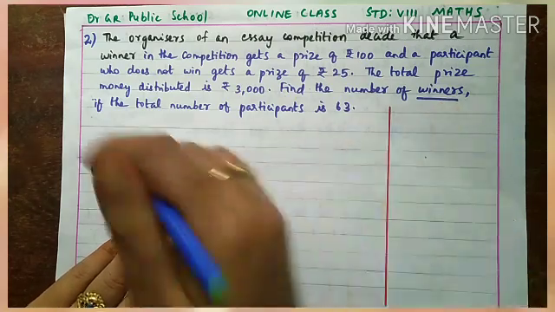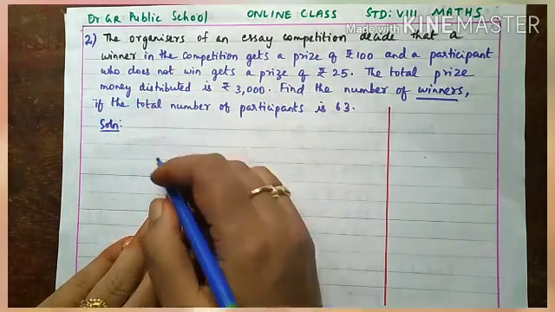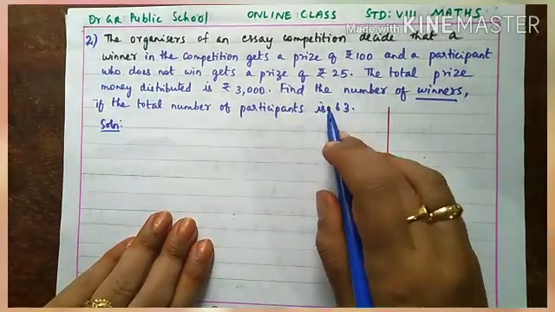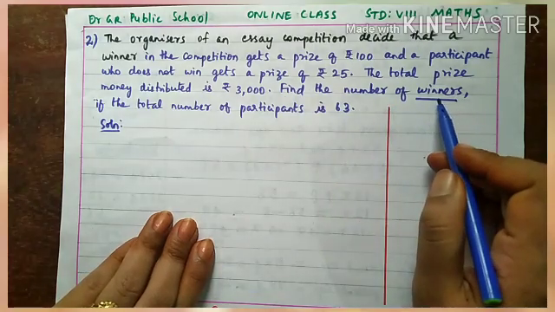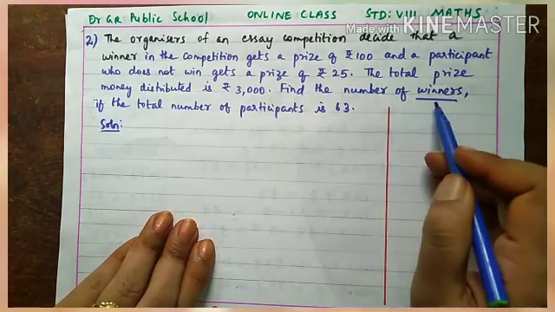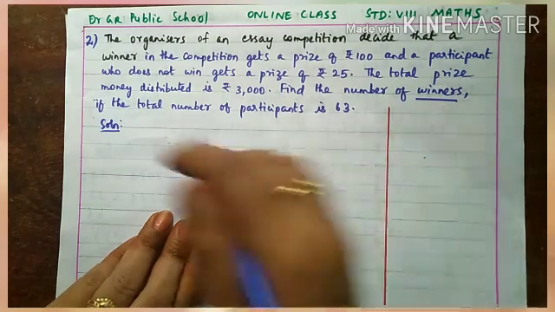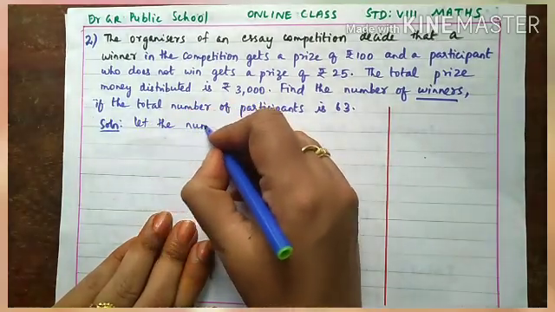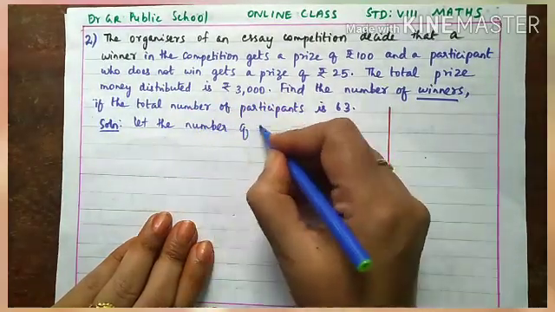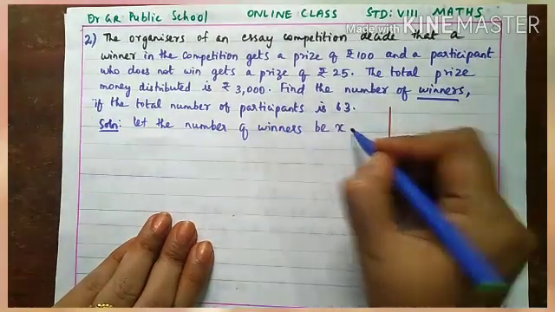So let us start the problem. Yes, solution. So we can start. Since we need to find the number of winners, winners is our requirement. So winners we are taking as our unknown variable x. Understood? So we are starting. Let the number of winners be x.